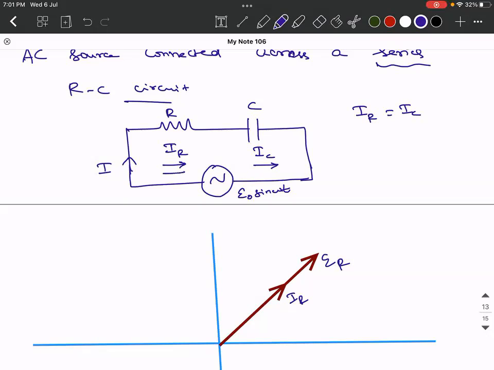They are both in the same phase, so ER will also be in the same phase. Whereas with respect to a capacitor, if current is IC, how is the voltage with respect to it? Is it leading or lagging? Current leads, voltage lags. So if current is IC, then voltage will be EC. Am I clear with this point? This is the most important thing to be understood. So this is EC.